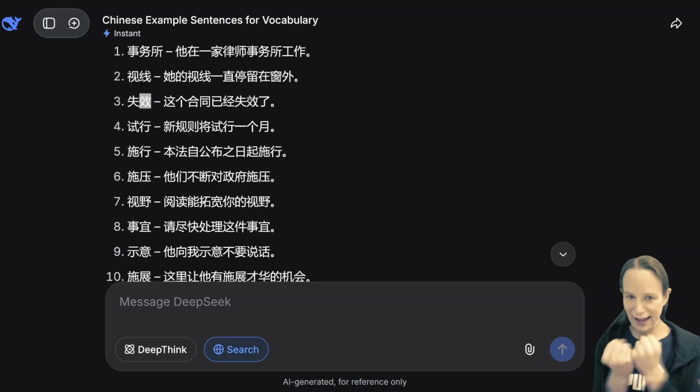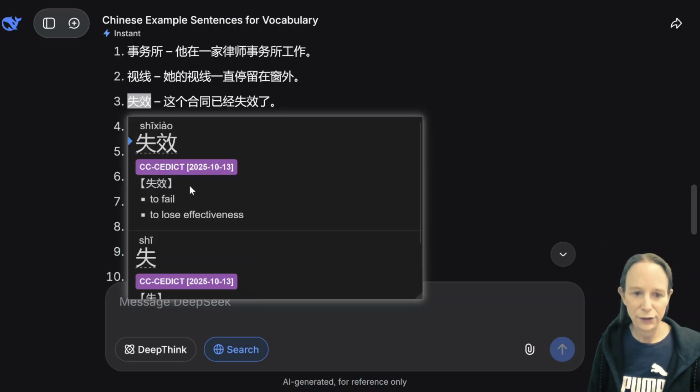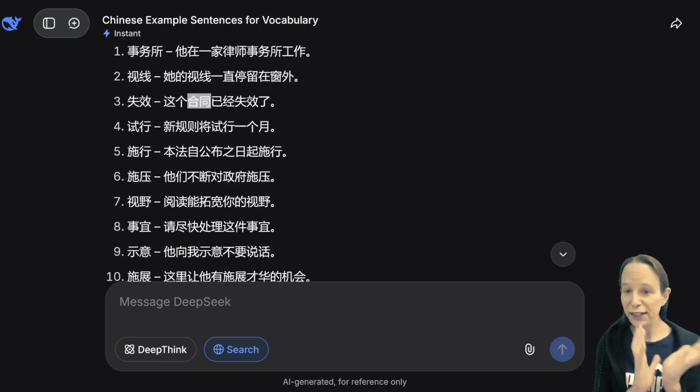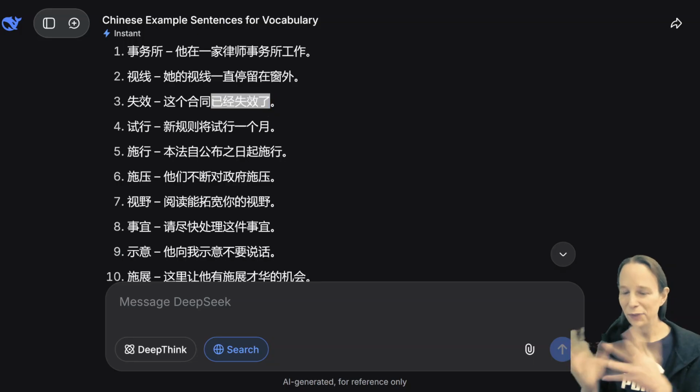So maybe a permission slip or something was originally valid and now it's no longer valid. So it's probably to become invalid, to lose effectiveness. 这个合同已经失效了. So an originally signed contract, which in the past was valid, is no longer valid, 已经失效了. So no longer applicable.